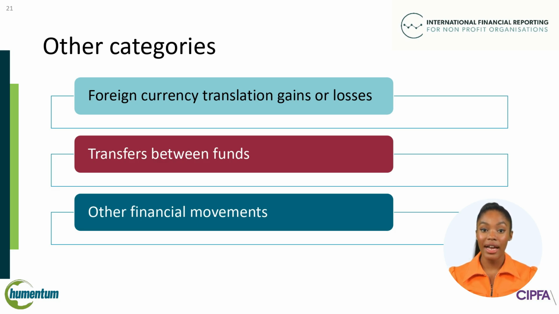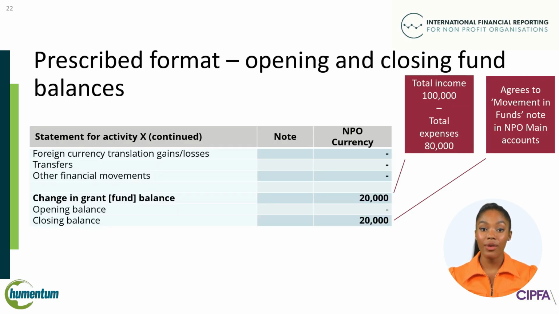And finally, any other financial movements that have been included in the statement of changes in net assets within the NPO's main accounts, and relate to the specified activity. The three other categories appear directly under income and expenses and are followed by a calculated line called change in grant or fund balance.